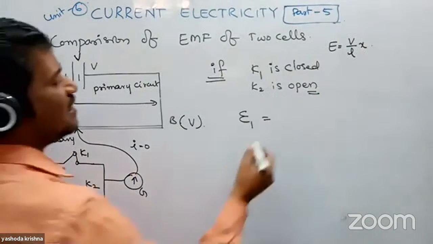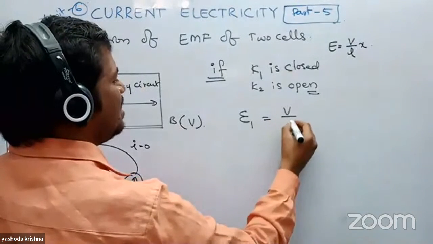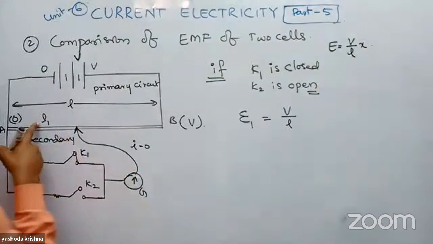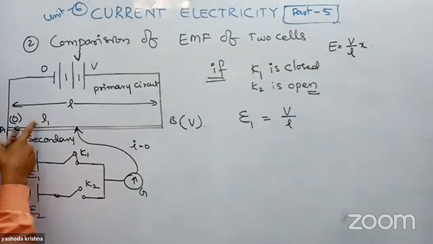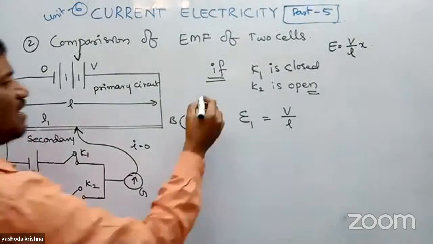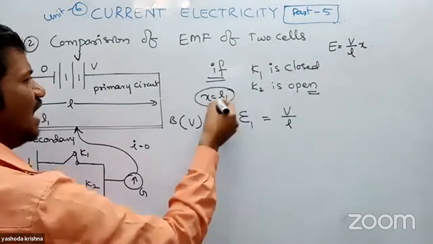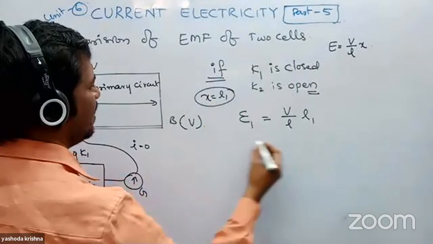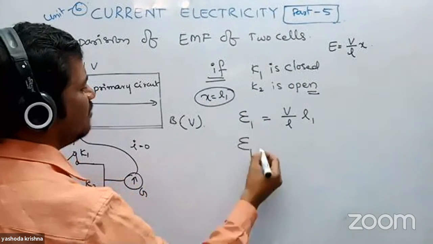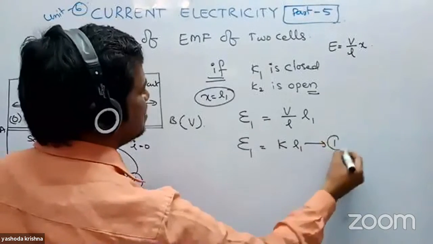Here X is equal to L1. Substituting that value in the equation, you will get epsilon 1 is equal to K into L1. This is the first equation.